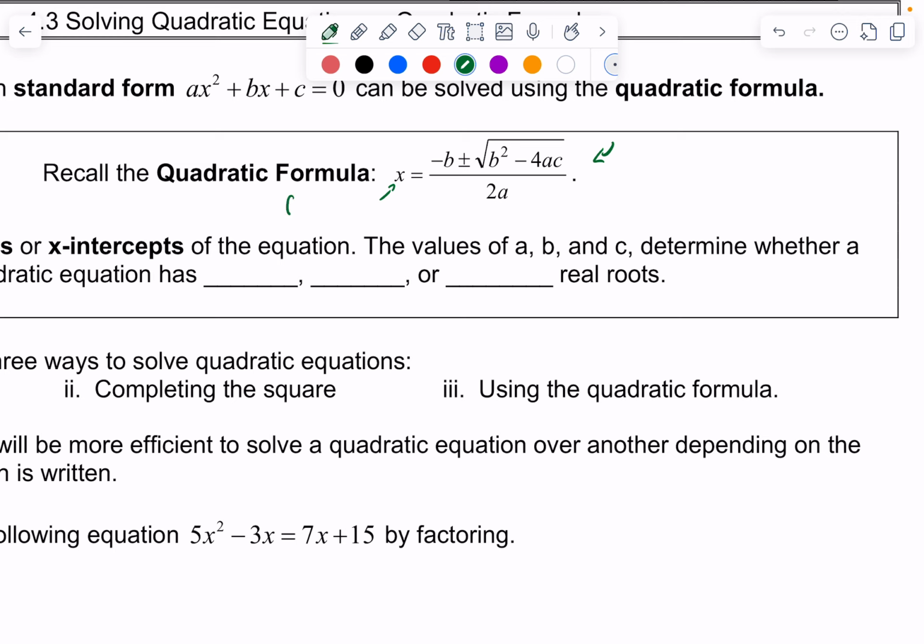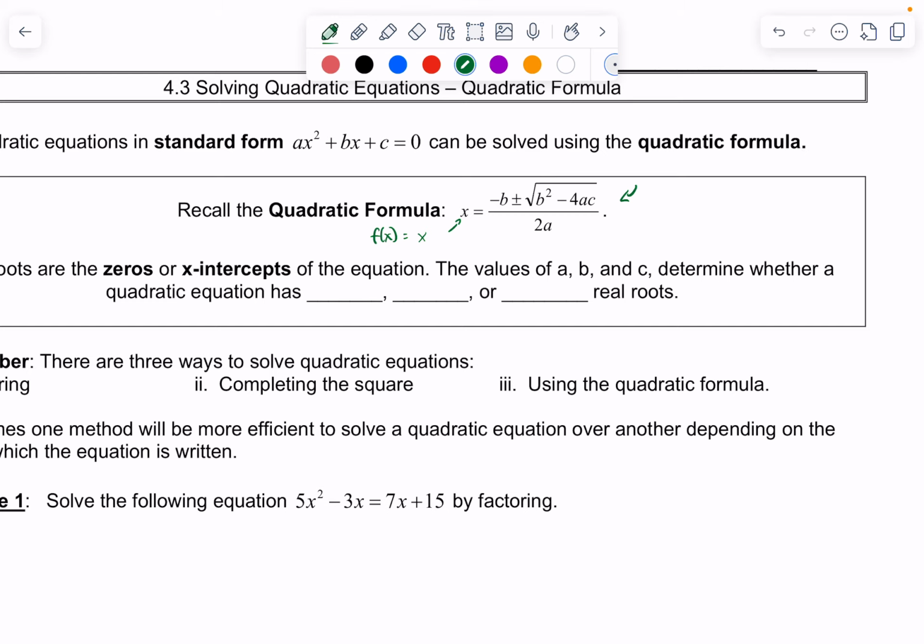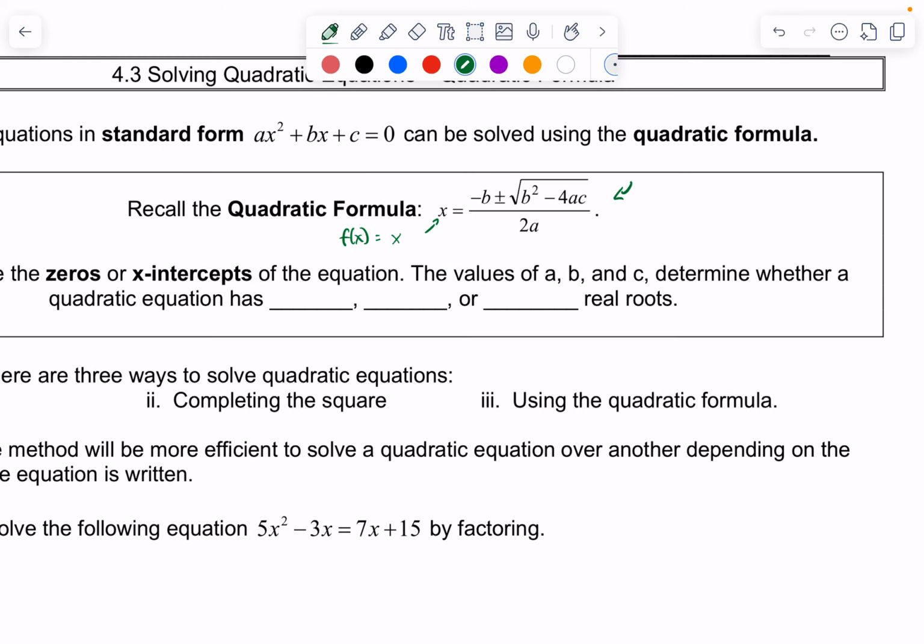Like we are giving you a function, f of x, which is in terms of x. So what the quadratic formula spits out is when you are solving, meaning you are finding the x-intercepts or the solutions or the zeros, all right? The quadratic formula essentially is a formula that will give you these values.